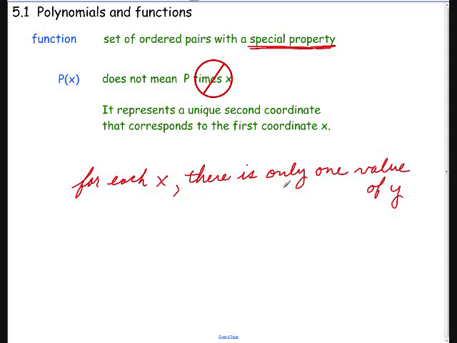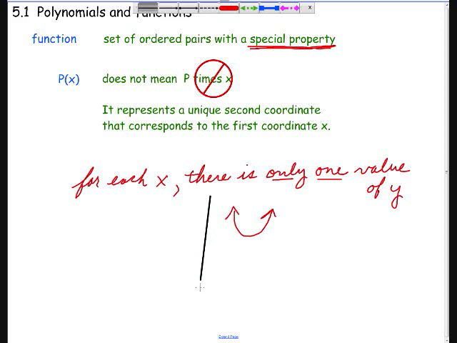For each x, there is only one value of y.